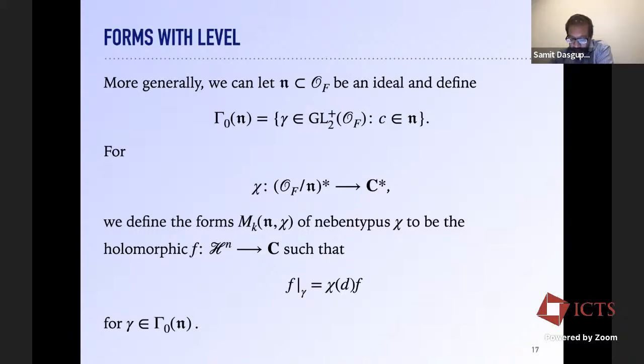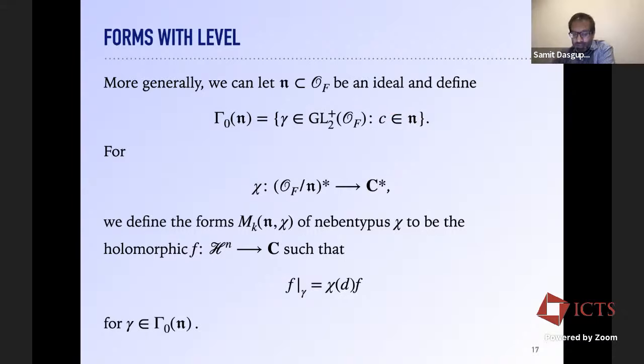If I have a character chi of (O_F mod n)^*, and this definition is still under the assumption that F has narrow class number 1, then a form of Nebentypus chi is a form that transforms invariantly not under all of GL2 plus of O_F, but under Gamma_0(n), and under Gamma_1(n), that is matrices where C is in n and D is congruent to 1 mod n, it is invariant.